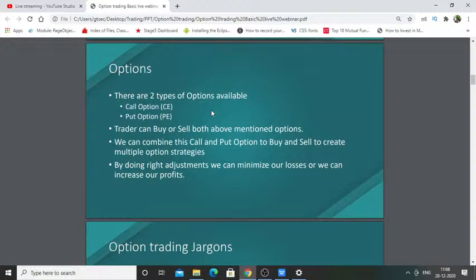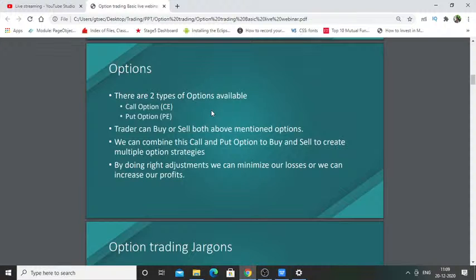By doing these things we get option strategies. If you're going to do multiple options, call option buy, call option sell, put option buy, put option sell, then by combining these we create option strategies. This is where option strategies come in. There are a large number of option strategies available.